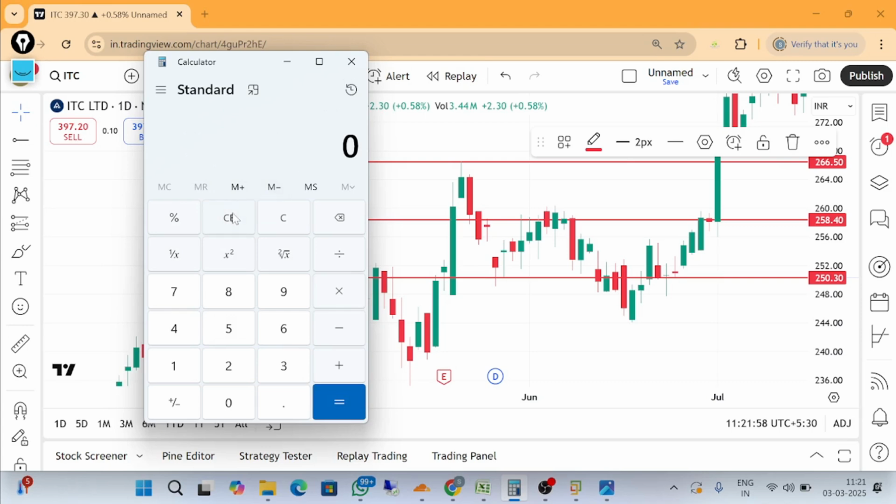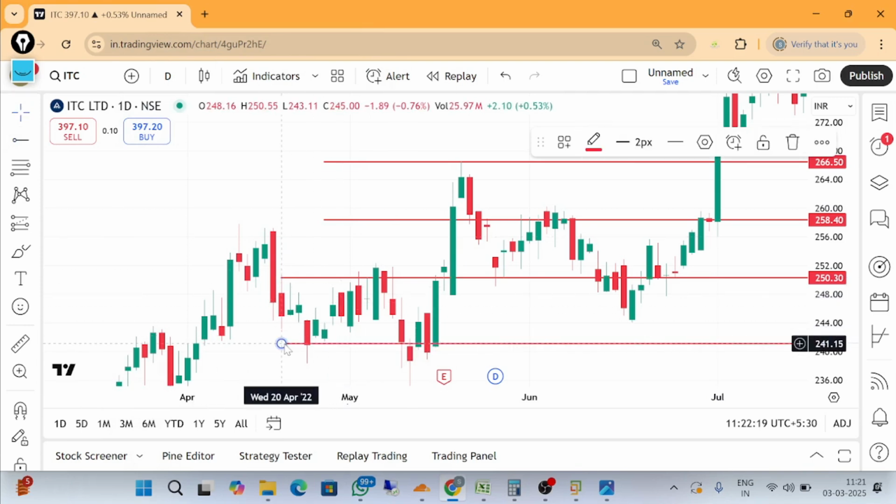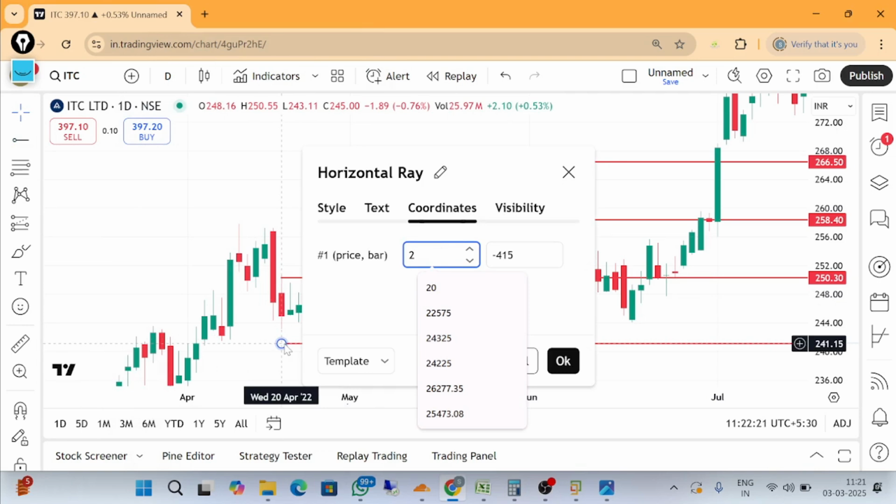Sorry, I made a mistake. 266.5 root minus 0.75, squared equals 242.57. So 242.57.